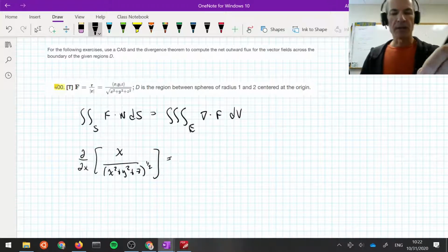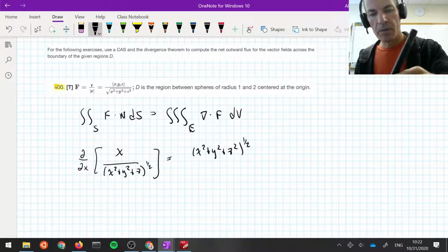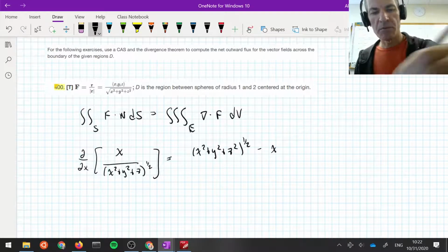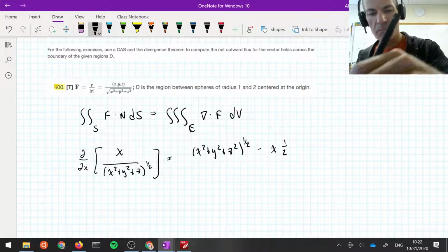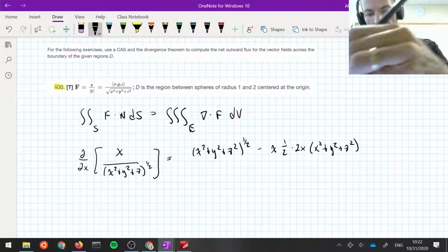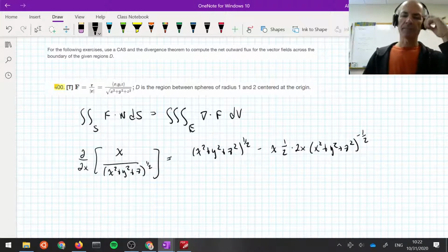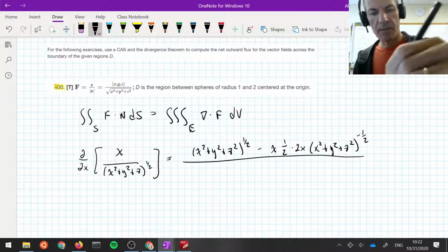Remember the quotient rule: bottom times the derivative of the top minus the top times the derivative of the bottom, over the bottom squared.